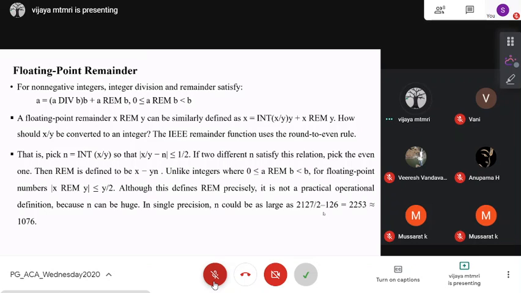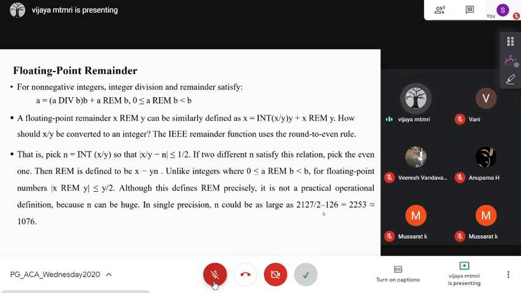That is, pick n equal to the integer of x by y so that the absolute value of x by y minus n is less than or equal to 1 by 2. If two different n satisfy the relation, pick the even one. Then the remainder is defined to be x minus y times n. Unlike integers, where 0 is less than or equal to a rem b less than b, for floating point numbers the absolute value of x rem y is less than or equal to y by 2.